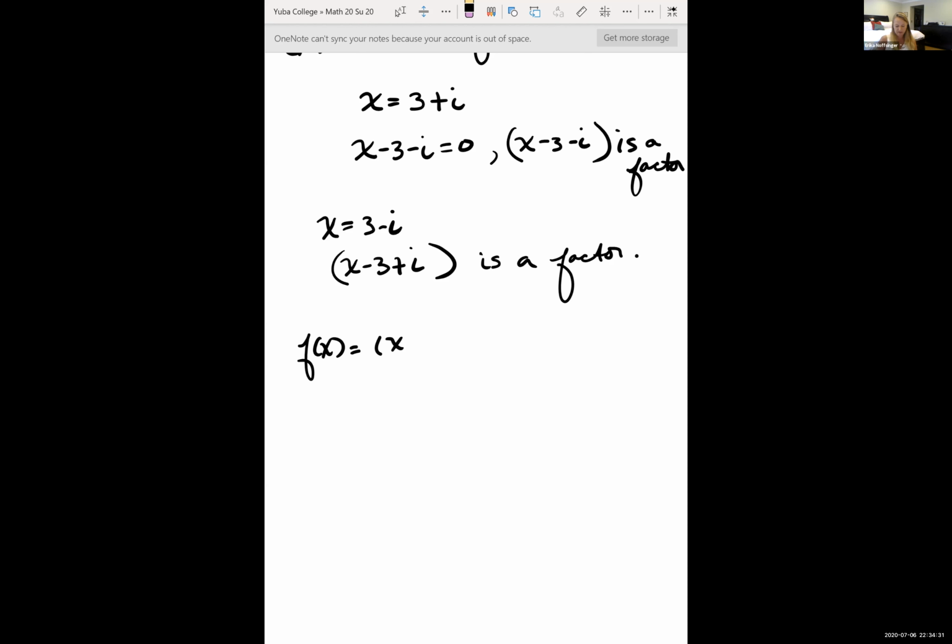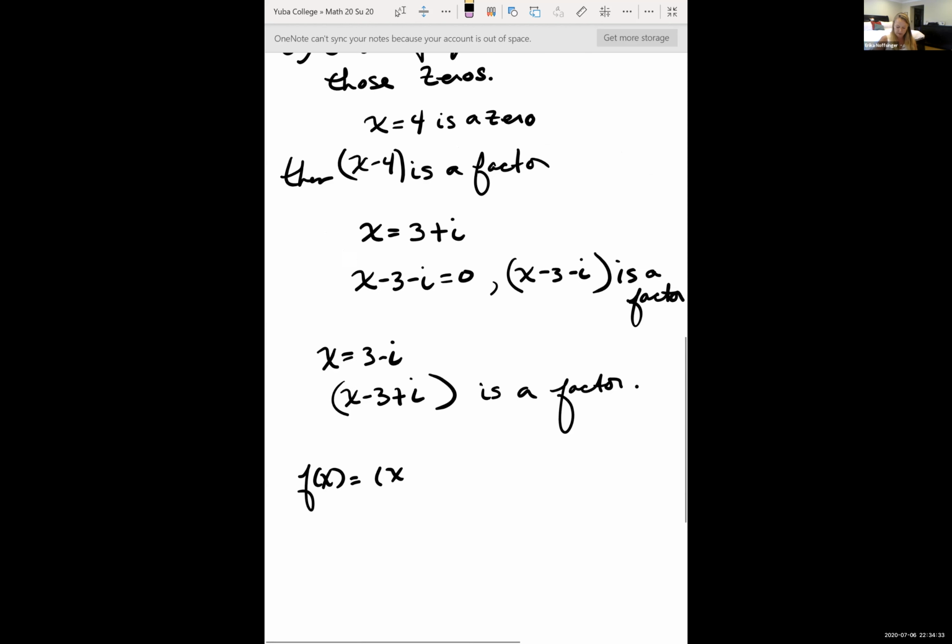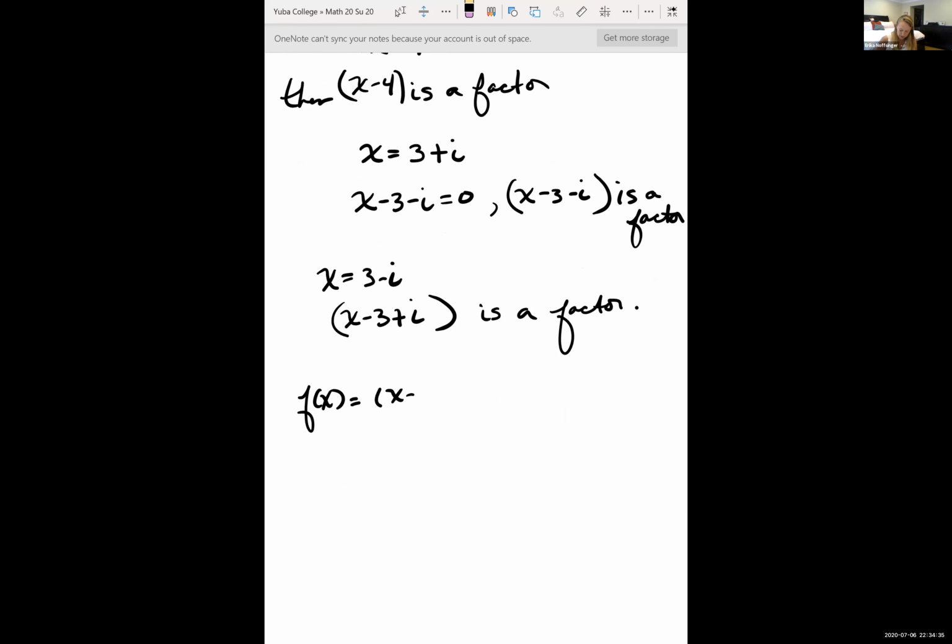So we have the 3 factors. x minus 4 is one factor. We have x minus 3 minus i is a factor, and x minus 3 plus i is a factor.